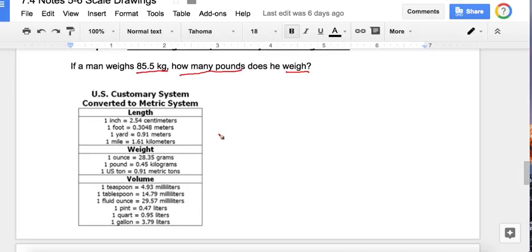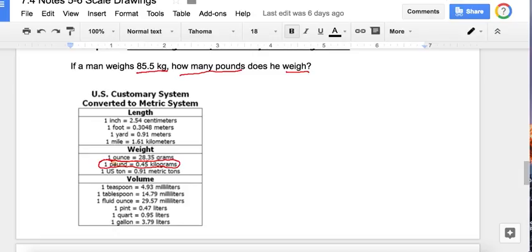Okay, so we want to know how many pounds a man weighs if he weighs 85.5 kilograms. So we need to know the ratio of the two measurements. So if we look at our chart here and we find weight, we find 1 pound equals 45 hundredths of a kilogram.